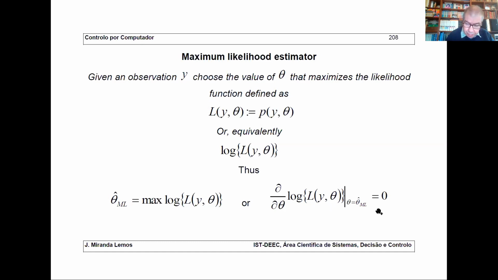Okay? To compute this maximum of the logarithm of the likelihood function, in some cases, very few cases, you can actually do the computations by hand. In general, you have to rely on numerical methods to find this maximum.